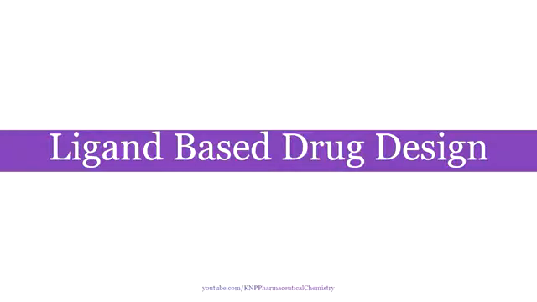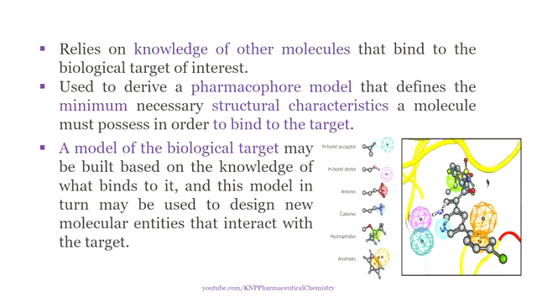Coming to the first one, that is ligand-based drug design. In ligand-based drug design, one needs to know the information about the proven ligands. For example, if someone wants to develop an antihistaminic, then that person should already have proven antihistaminic ligands.